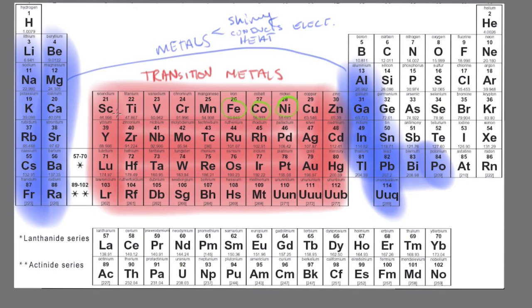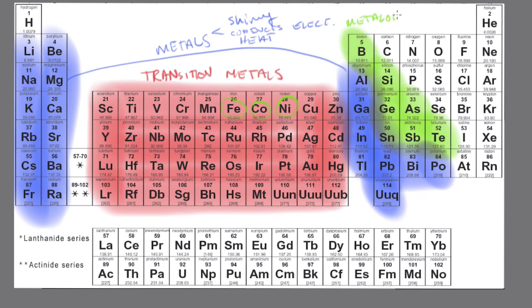And also, I'm going to highlight in green, on the side here, boron, silicon, there we go, these guys over here, Te. These green guys are called metalloids. So let's write that down. Metalloids, I'm going to write it in green.